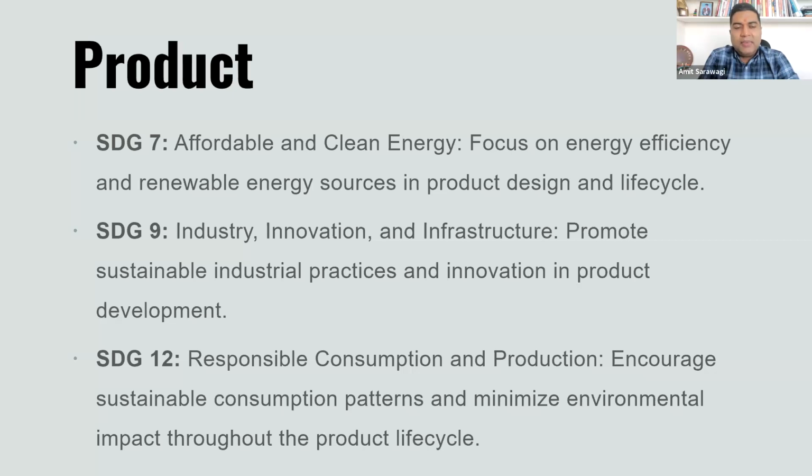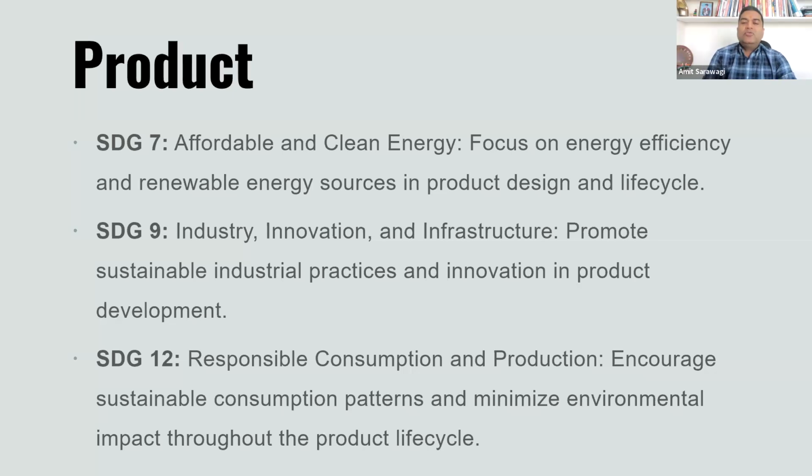The next SDG mapped to product is SDG number 12, which is about responsible consumption and production. Encourage sustainable consumption patterns and minimize environmental impact throughout the product life cycle.